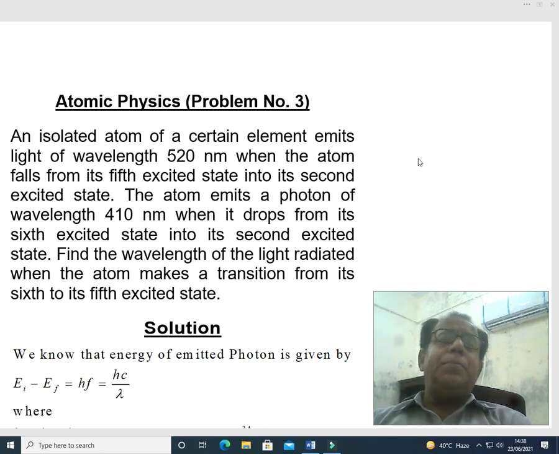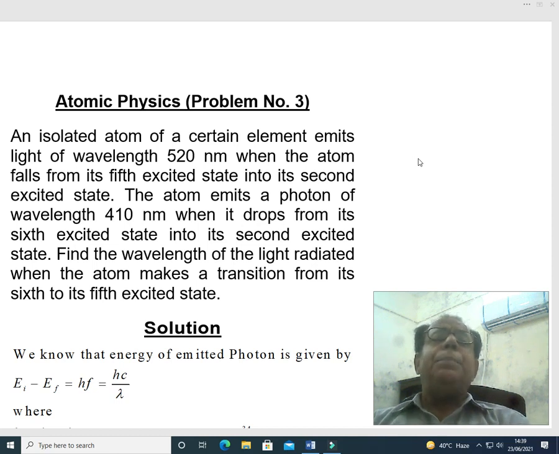So let us come towards the statement of our problem, that is problem number 3. Statement: an isolated atom of a certain element emits light of wavelength 520 nanometer. Nanometer means 10 raised to the power minus 9 meter.